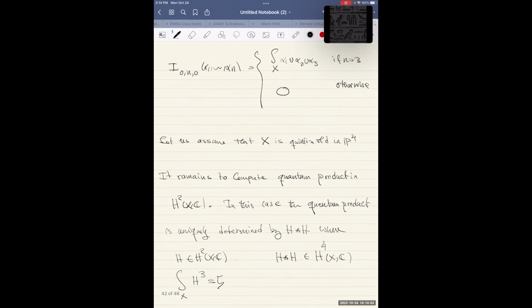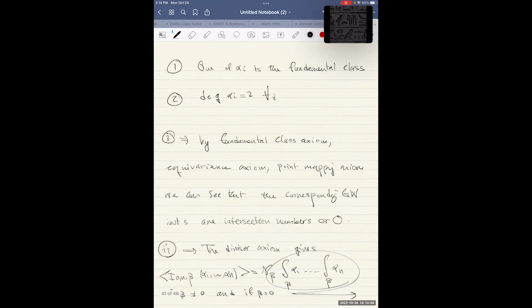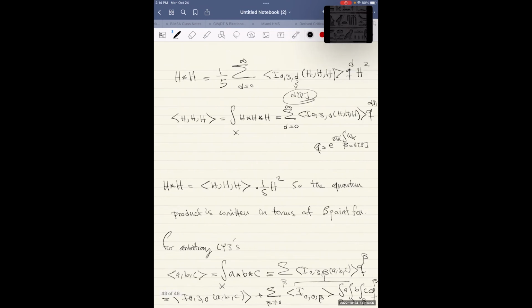As you have seen so far, especially in this last example, when you calculate the quantum products, it turns out that the number of curves passing through a certain number of cycles would be some number, but then you have coefficients, and those are rational numbers.